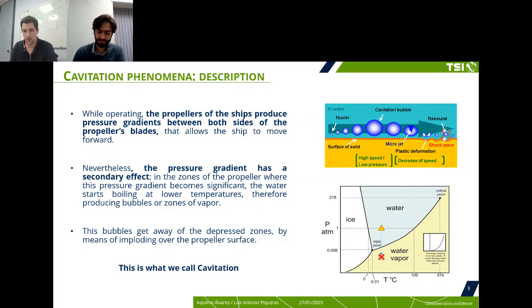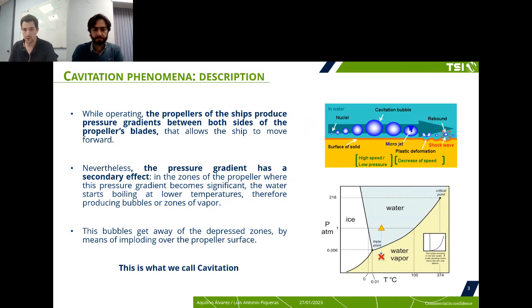Normally, thrusters and propellers in naval ships, in order to move the ship, create pressure gradients around them that translate into forward or backward force used by the ship to move itself. These pressure gradients are a fundamental part of the operation of the propeller, but they have a secondary effect.